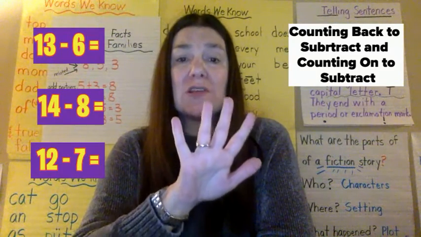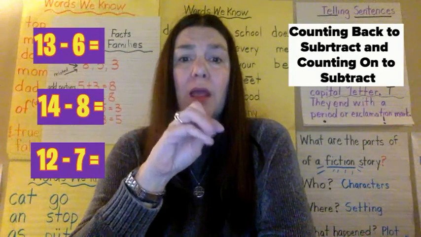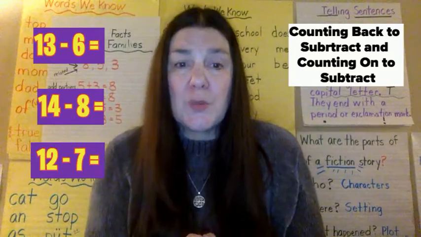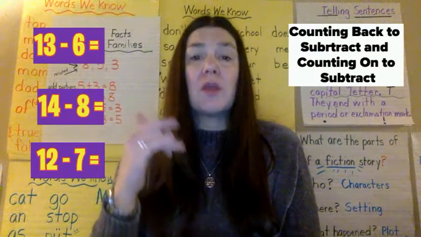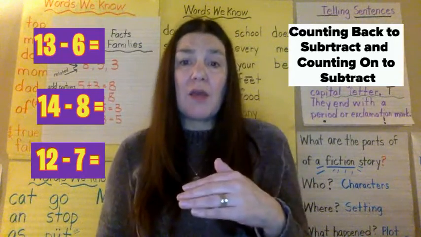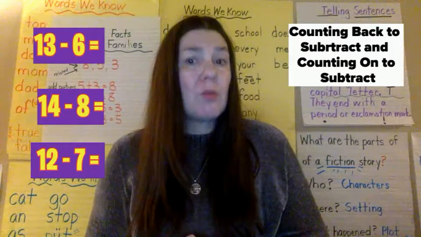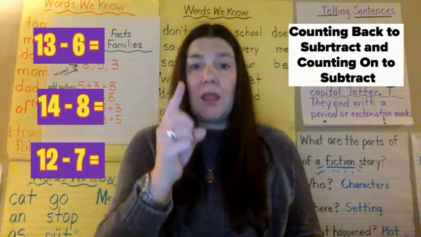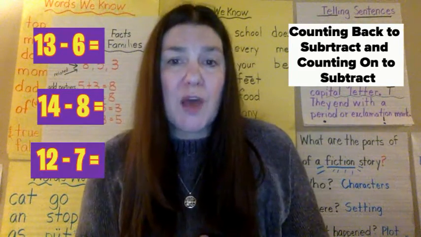The difference is 5. 1, 2, 3, 4, and 5. Now, that is how many spaces is between 12 and 7, but I actually used the counting on instead of the counting back. I can use either. Okay, so let me do the counting on one more time so you can see. You think 7, 8, 9, 10, 11, 12, and the answer is 5.